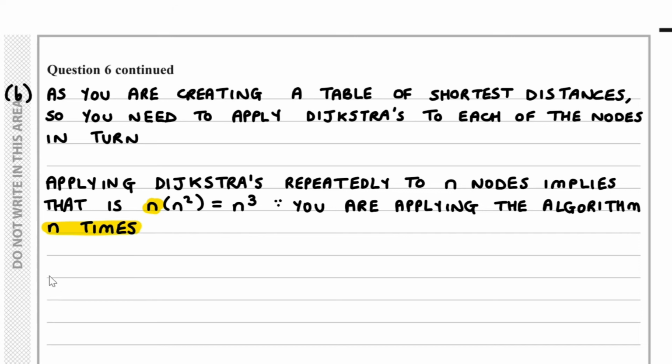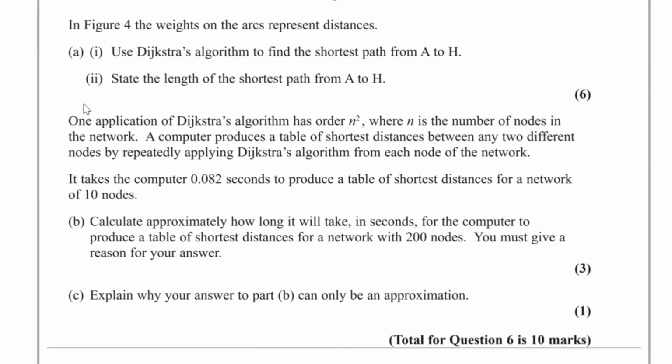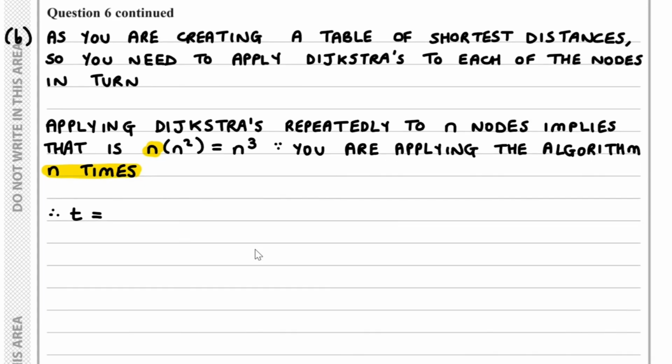So now when we come to find out the time, if we go back to the question, we've got 200 nodes. For 10 nodes it takes 0.082 seconds. So our factor here will be 200 over 10. And we need to cube this because the order is n cubed.